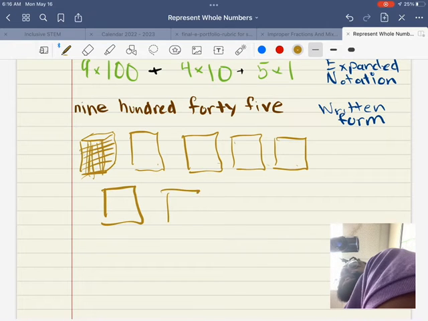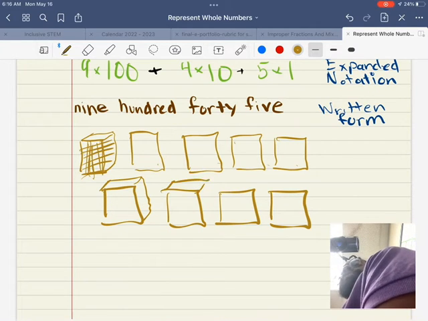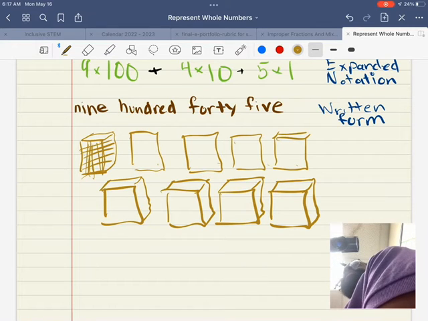After we get 9 of those drawn out, we got to move to the next place value. We got to get 4 tens. But let me go ahead and draw these out real quick, trying to make sure that they at least look like hundreds cubes.